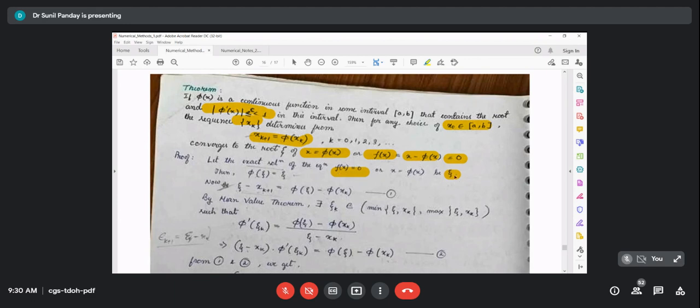We have taken the equivalent form x equals phi x.